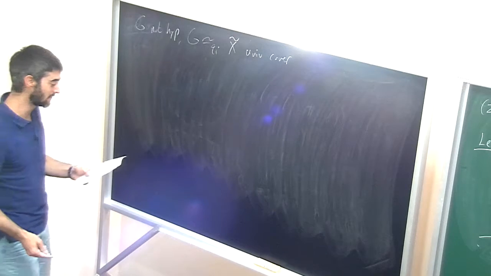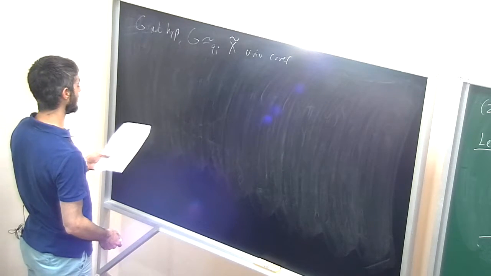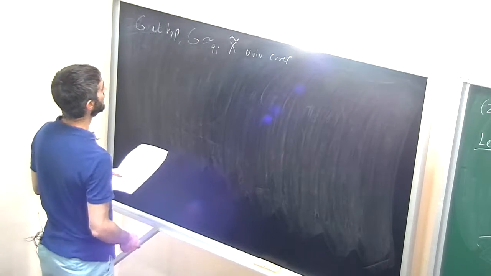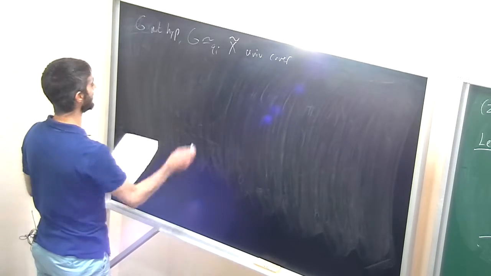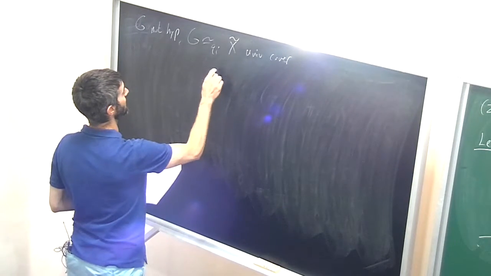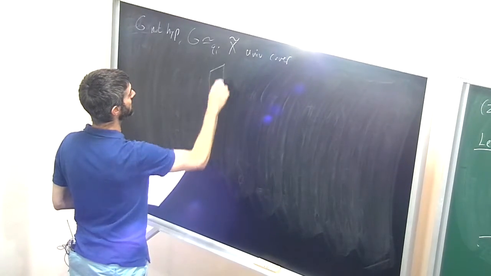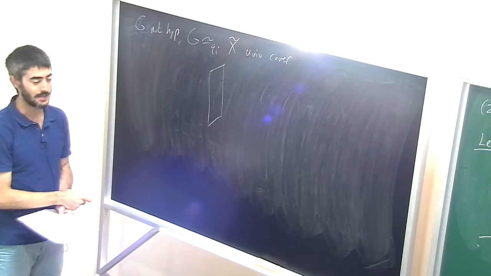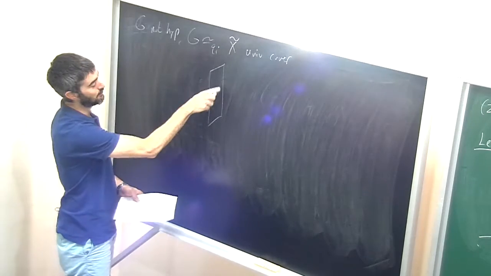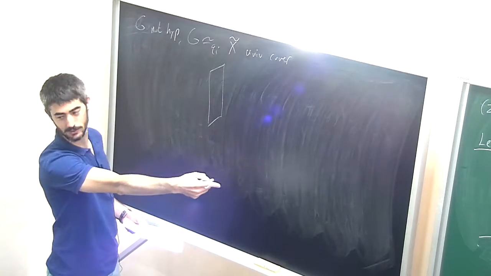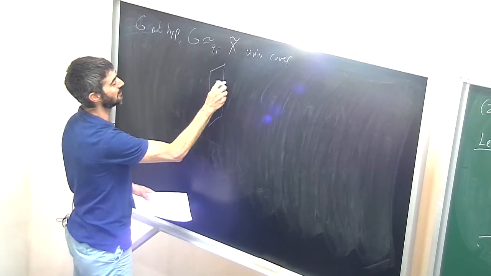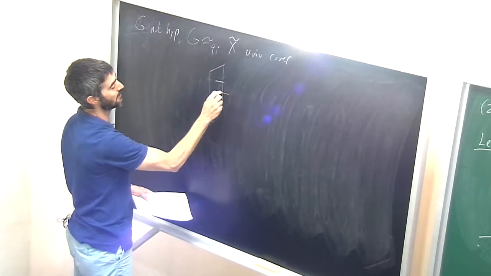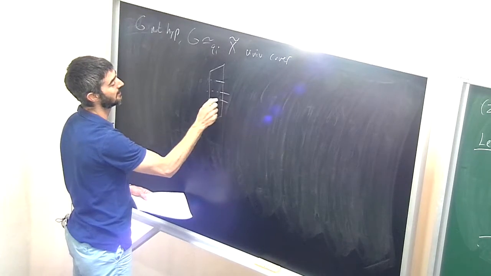So what does the universal cover look like? Let's see if I can draw it. Maybe I'll draw it this way. Is that good? That's probably good. The universal cover of the torus is some gadget that looks like this. It's a plane. Okay? And then at every integer point in the plane, I have this extra circle coming off, and that opens up to a geodesic, a line, right? So I have a bunch of these.